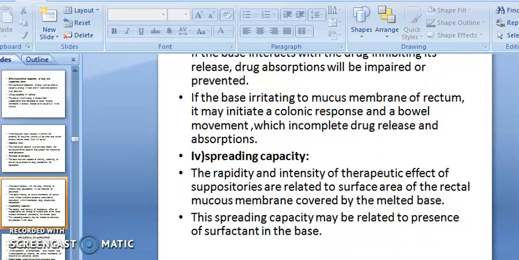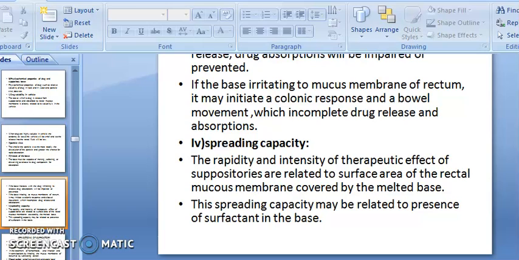Spreading capacity. The rapidity and intensity of the therapeutic effect of suppositories are related to the surface area of the rectal mucous membrane covered by the melted suppository. How much surface area is covered by the melted suppository determines the rate of absorption.